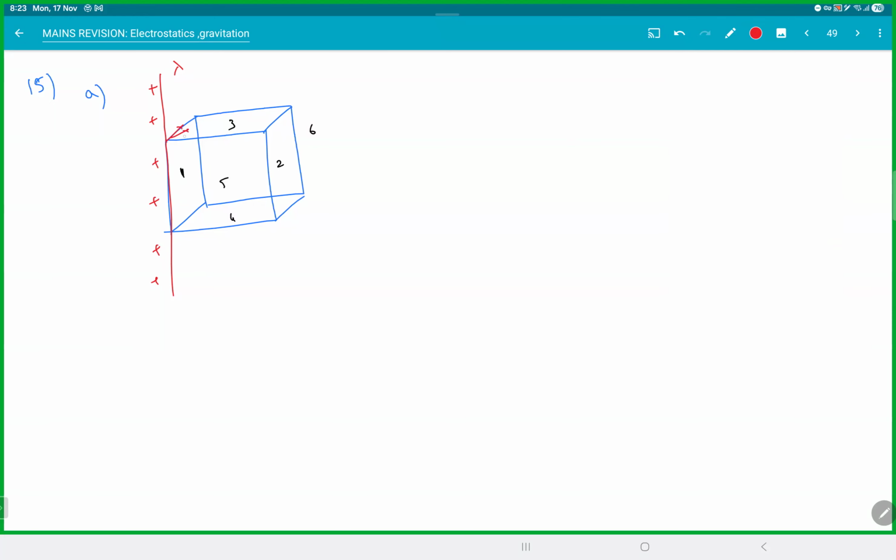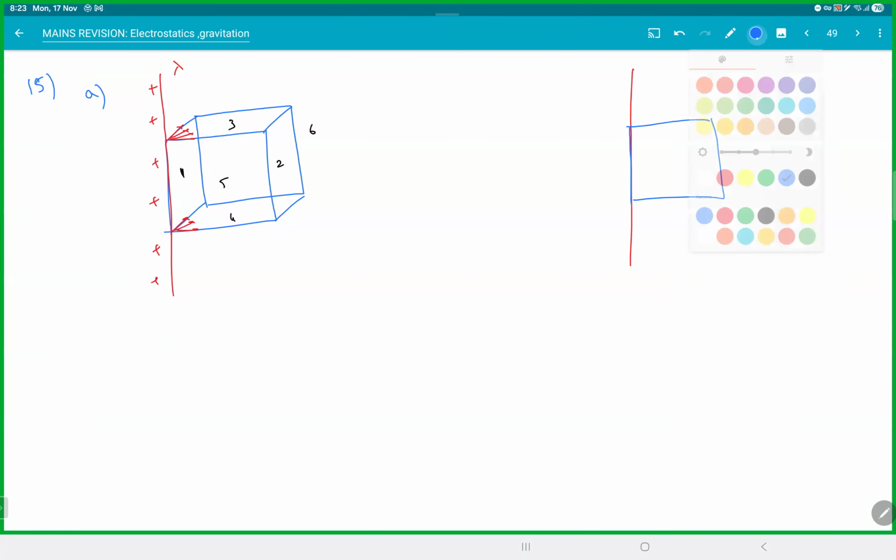The field lines will be like this, and like this. Getting it? So whichever surface touches the infinite line charge, the field lines become parallel to the surface.